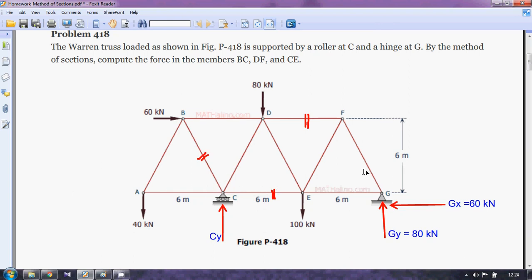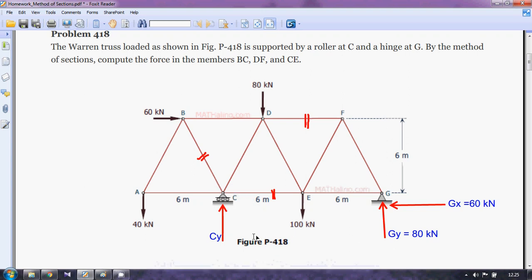For example, how many forces are in the downward direction? You have 40, 80, so 120, and you have a force 100, so 120 plus 100 means 220. You have only 80 kilonewton force upward, so in order to balance the structure you need more upward forces, otherwise the structure will not be balanced.